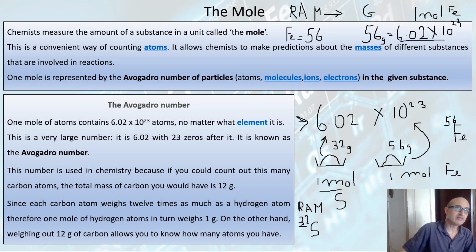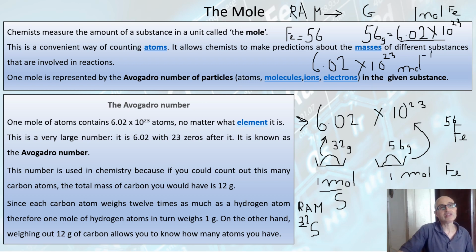If you see it as 6.02 times 10 to the 23 per mole, so there is a dimension, if you like. The dimension is mole to the minus 1. Then we say that is the Avogadro's constant. Constant is because it doesn't change.